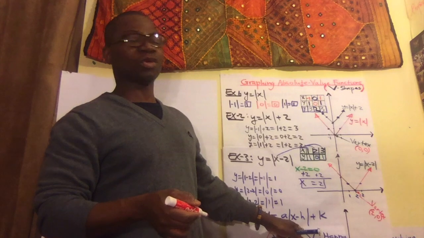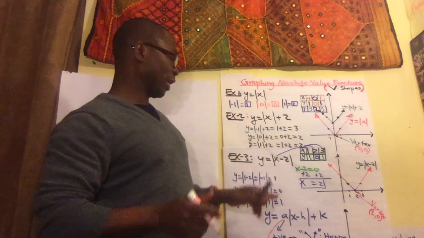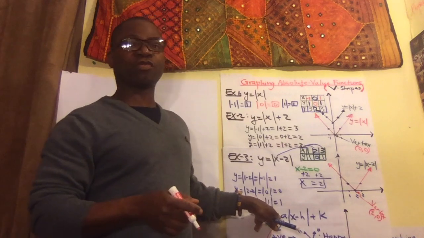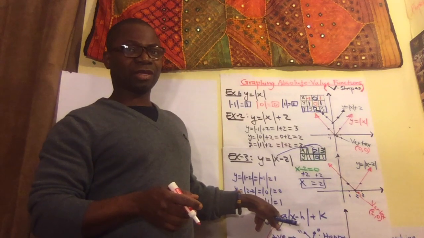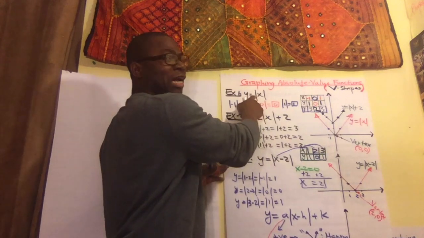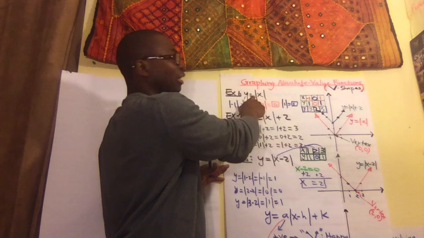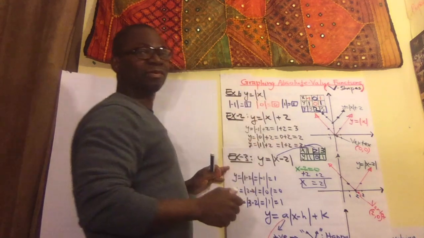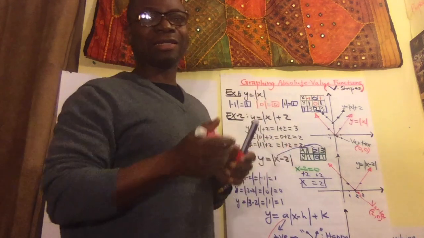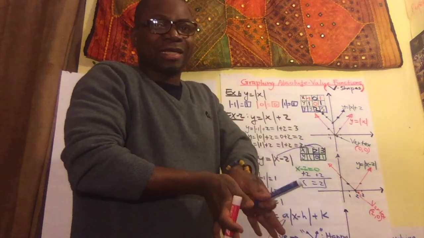Happy face, or happy V, when there's a positive value in front of the absolute value. Right here there's no number, so that means it's a positive 1, an invisible 1. If I put a negative here, then we have a sad face, a sad V, upside down.